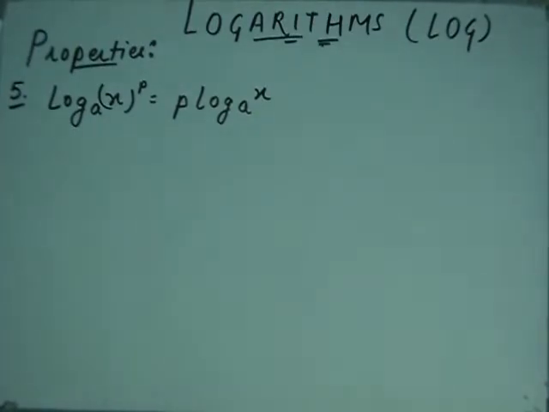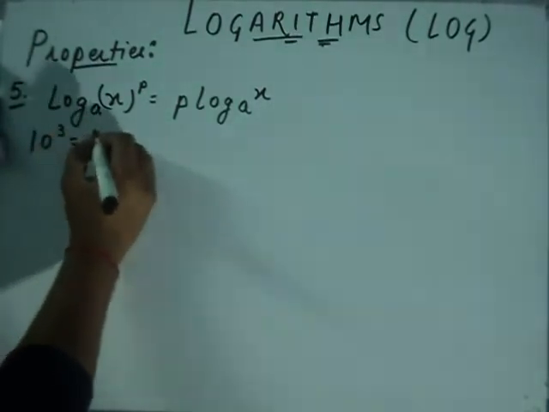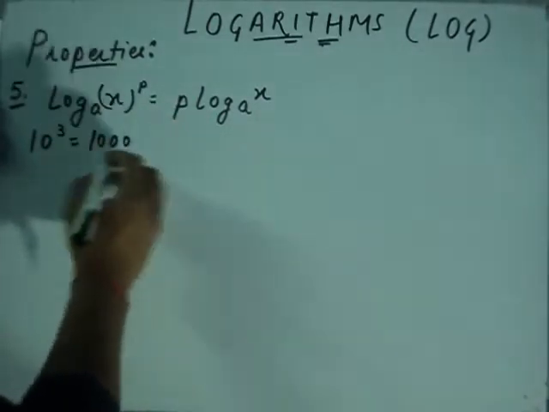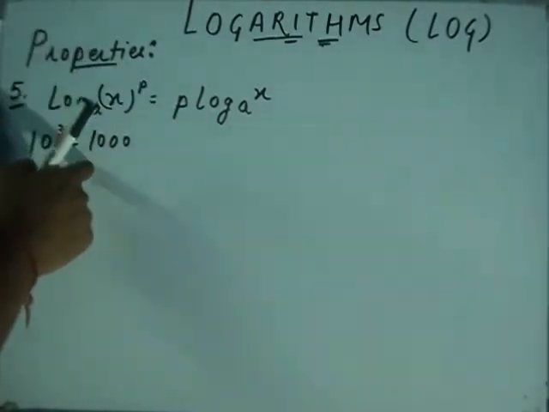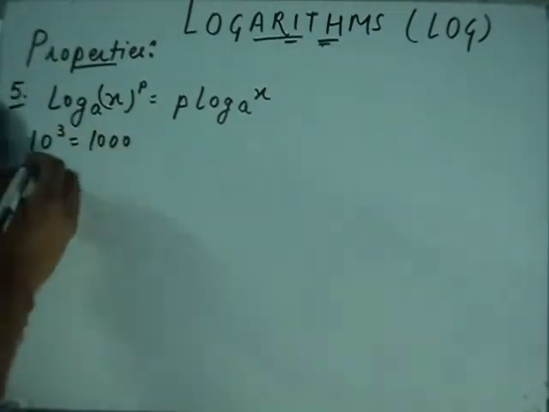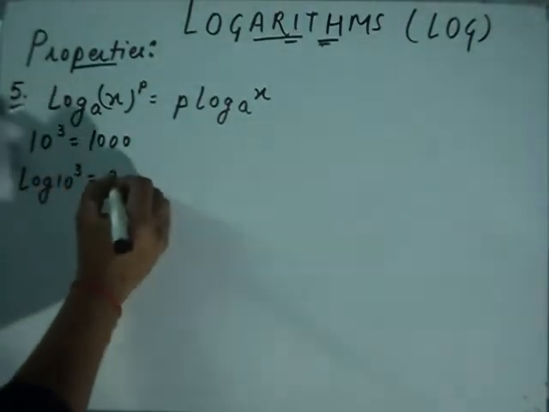Okay. Previously we discussed that this form is equals to this form, and by applying the rule we can write it as this, and after applying log we get this value, which equals 3.